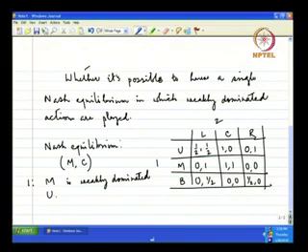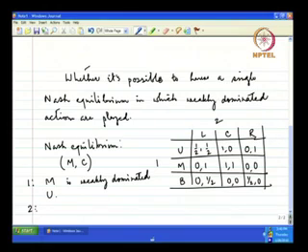Because if player 2 plays L, U is better than M. If player 2 plays C, U and M give him the same payoff. If 2 plays R, again U and M give player 1 the same payoff. So, U is weakly dominating M.